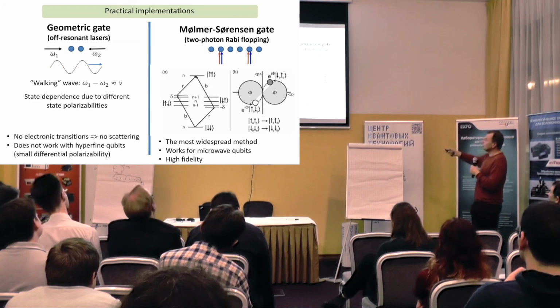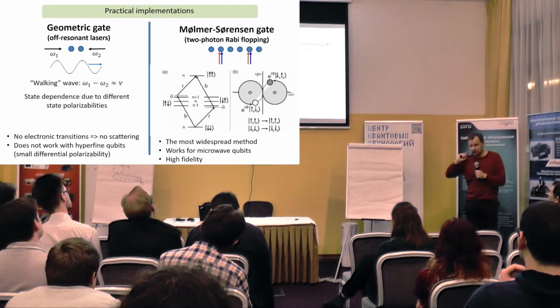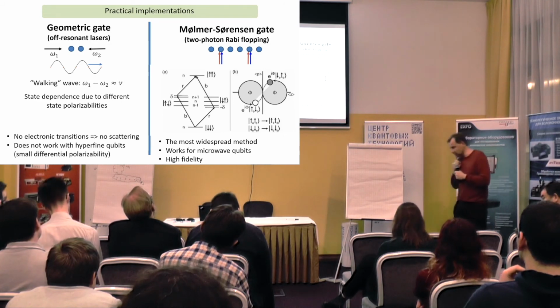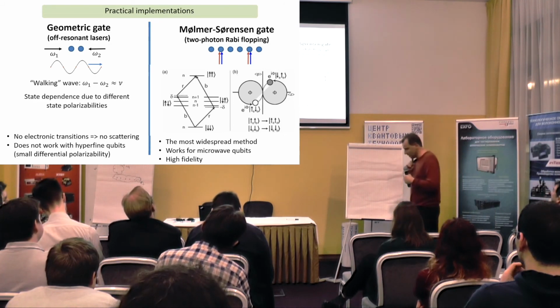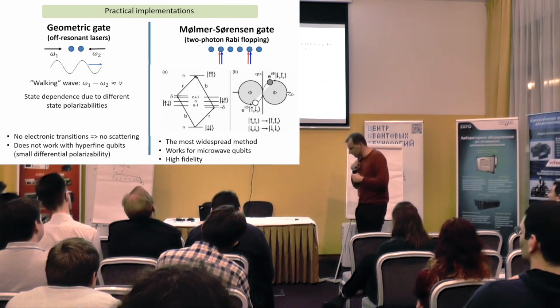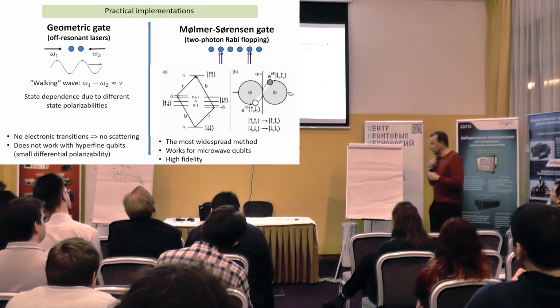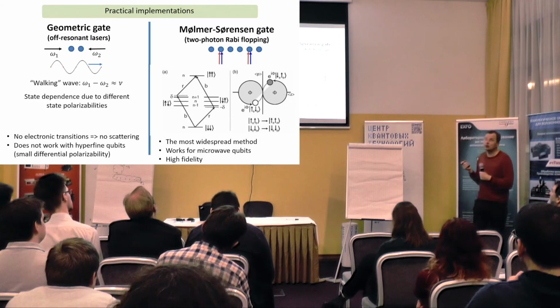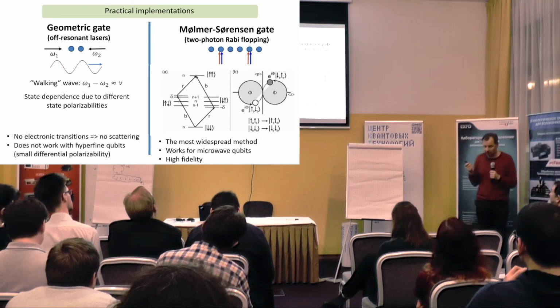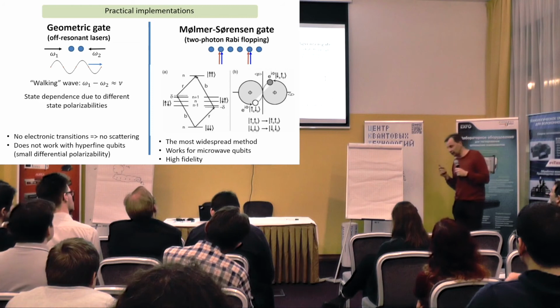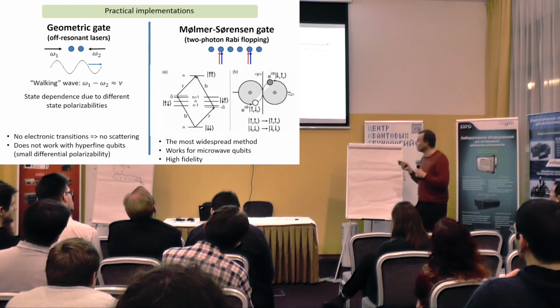So this is the most widespread method. Both the group of Chris Monroe in the U.S. and the group of Blatt work on their realizations of quantum computers, and they use this Mølmer-Sørensen gate.